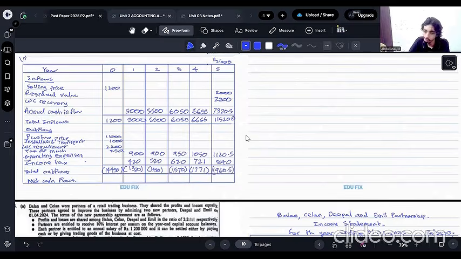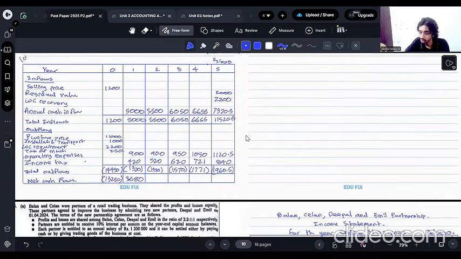Then the net cash flow will be for year 0, 1,200 minus 14,450, that is minus 13,250. Year 1, 5,000 minus 1,320, that is 3,680.